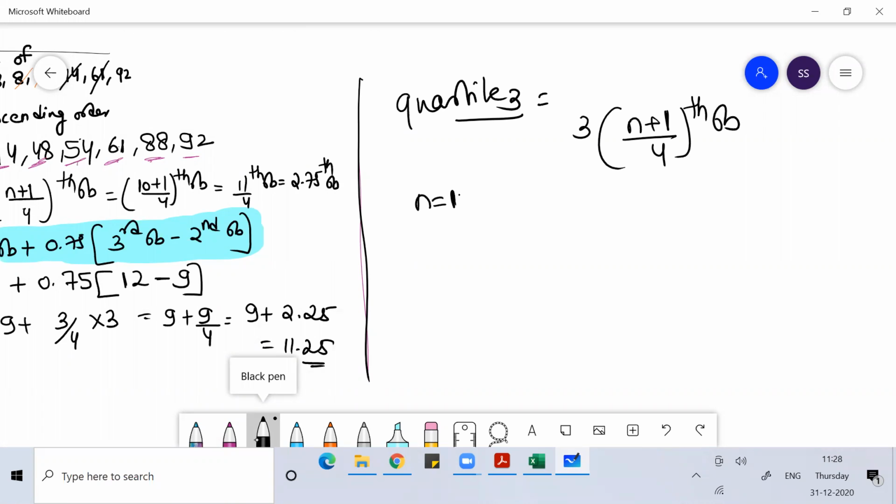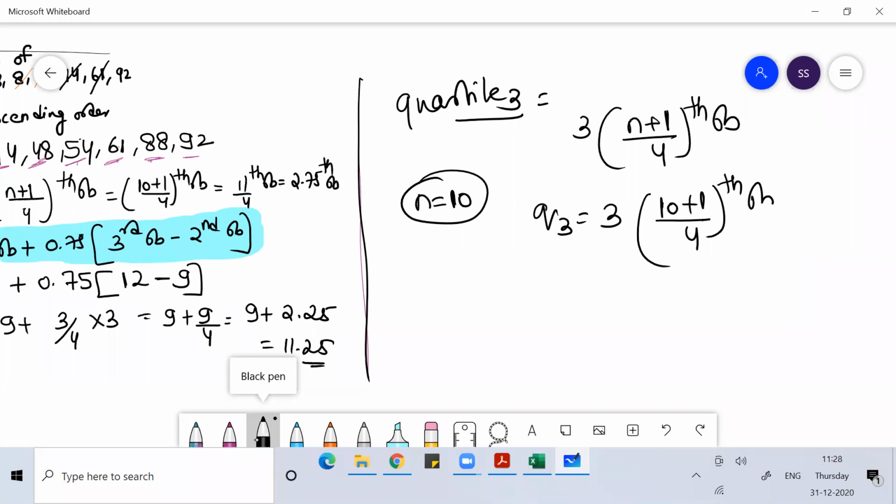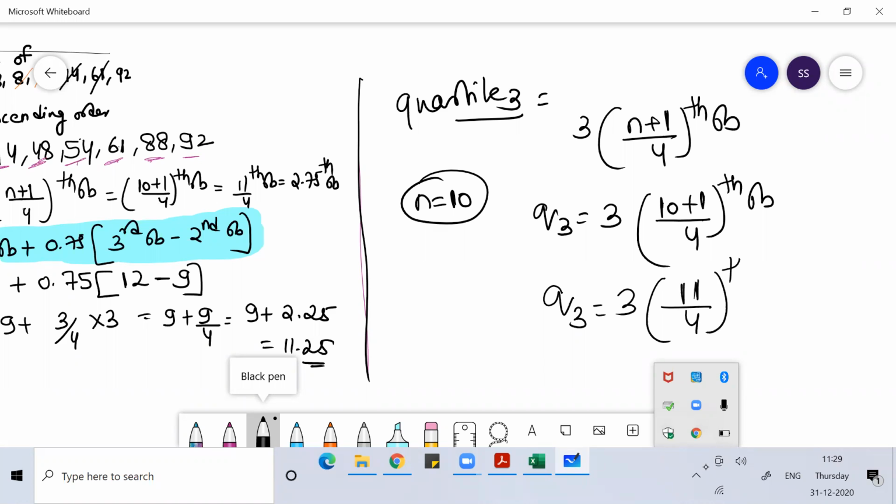Here n is 10, so quartile 3 means 3 into (10 plus 1) by 4th observation, which is 3 into 11 by 4th observation.